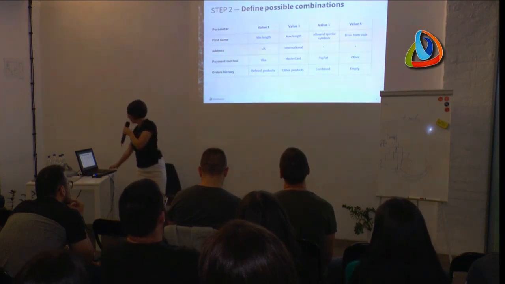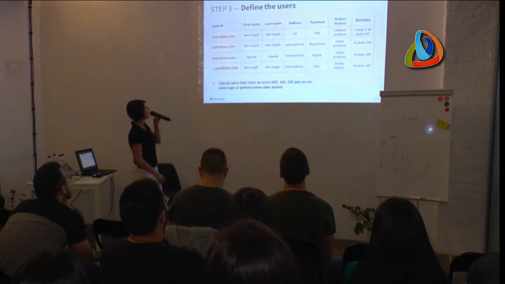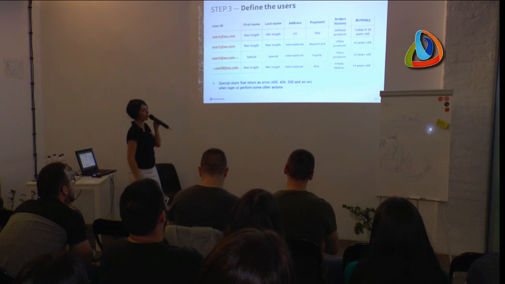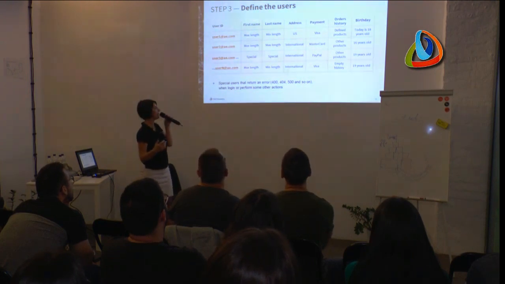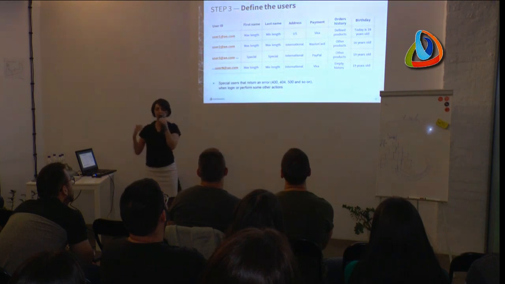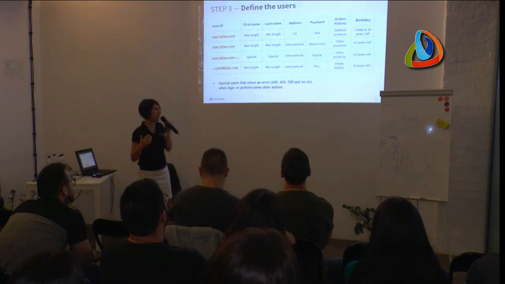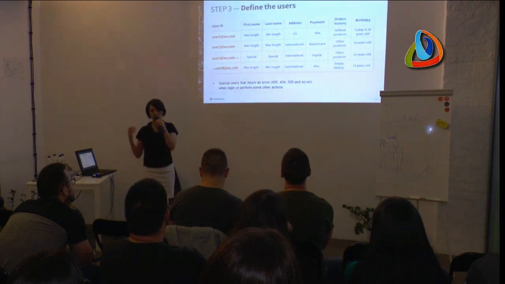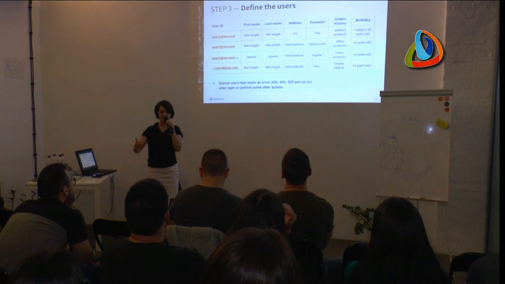And what did we have after this step 2? Step 3. We had the list of possible users. And that will be the special users for the stub. What kind of technology do we usually use when we are using a stub? We send some defined parameters to the stub.